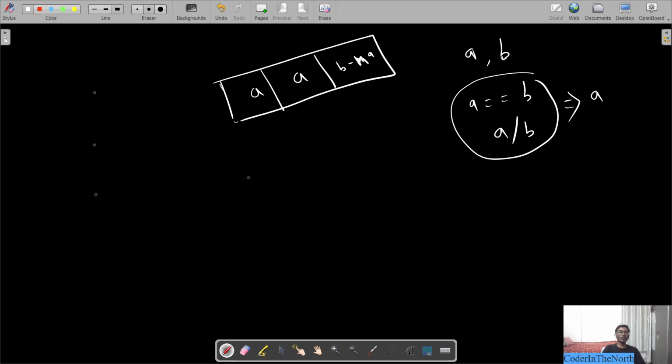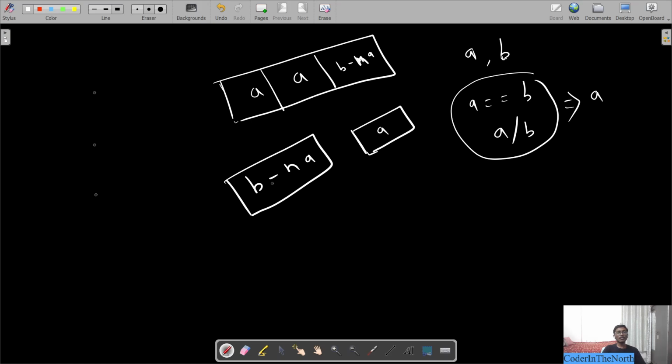Now my problem is, I have a b minus na block and an a block, where of course b minus na will be smaller, because it's the remainder after dividing by a, so it will always be less than a.